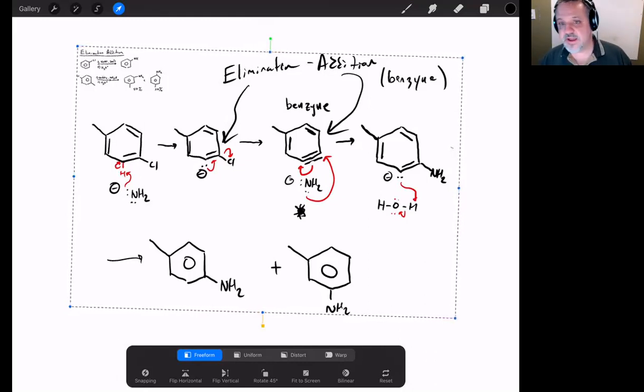We talked about electrophilic aromatic substitution, nucleophilic aromatic substitution, and elimination-addition. Electrophilic aromatic substitution took up most of our time, but these other two reaction types are pretty important as well. So are there any questions about that?